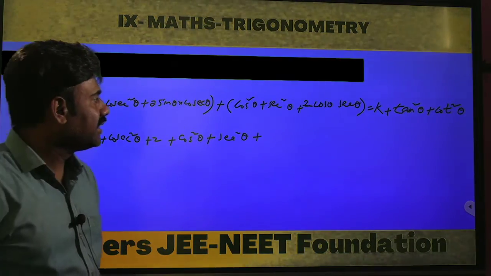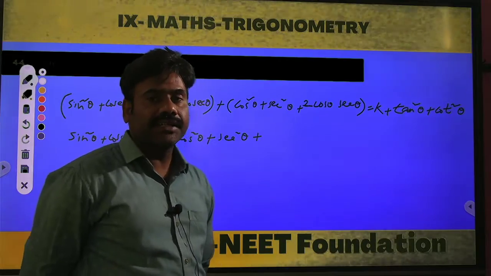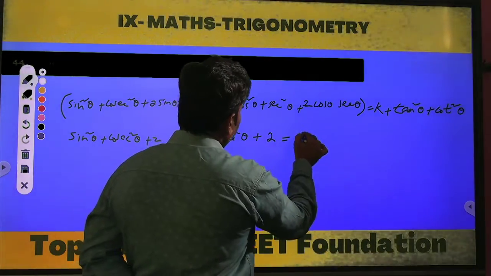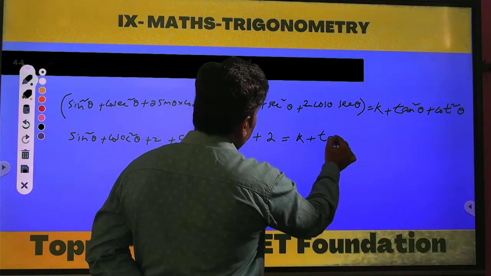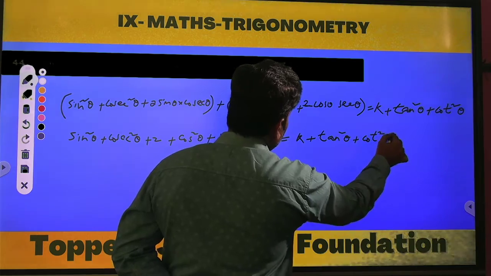Cos theta and secant theta are reciprocals of each other, so their product is 1. 2 into 1 becomes 2. That is equal to k plus tan square theta plus cot square theta.